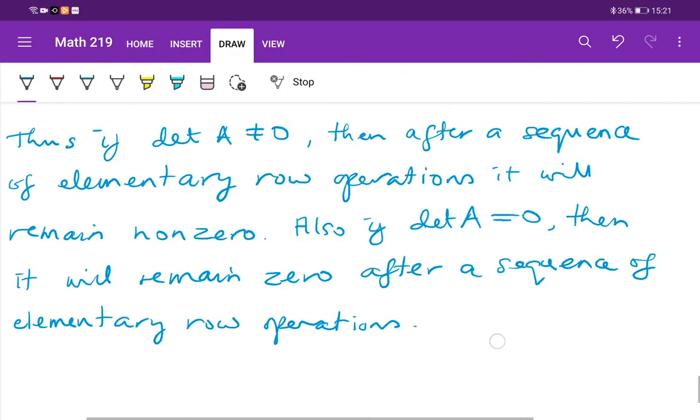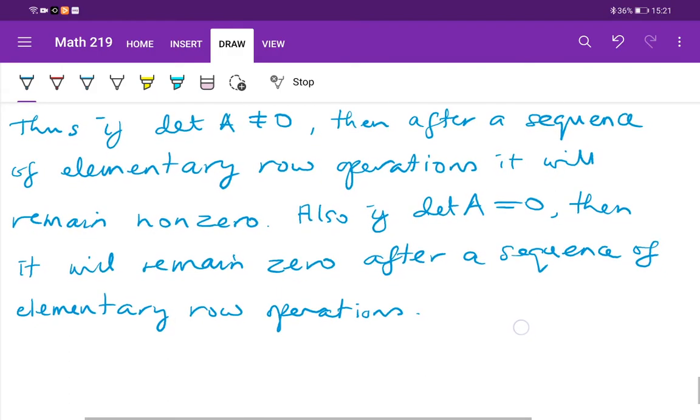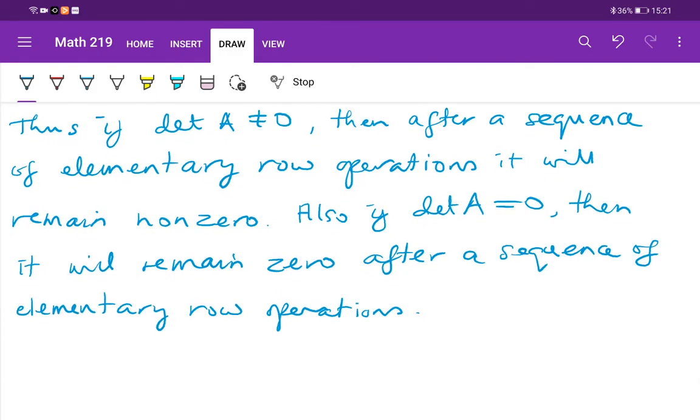So recall what we'd said about the determinant. The determinant tells us about the invertibility of A. In particular, if the determinant of A is non-zero, the matrix is invertible, and if it's zero, the matrix is non-invertible. So a matrix is invertible if and only if its determinant is non-zero.